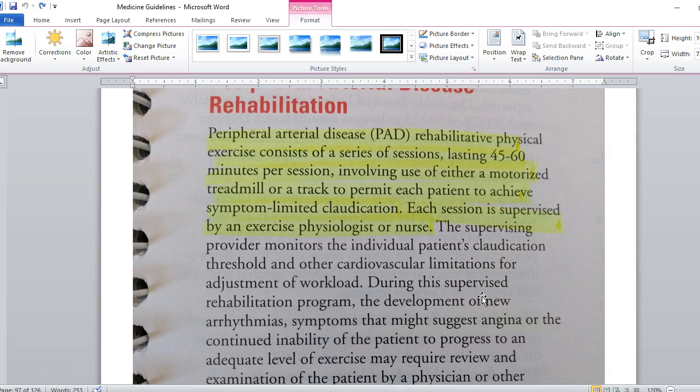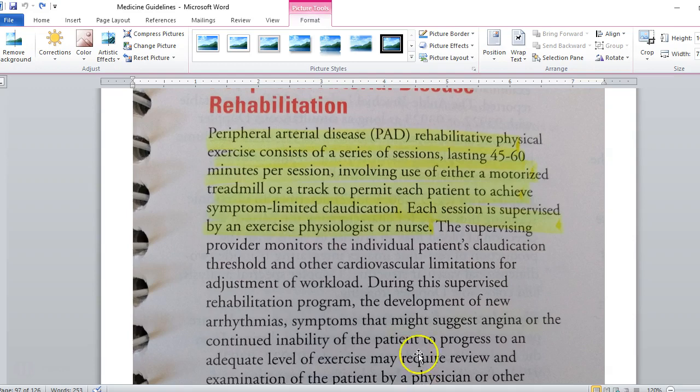PAD rehabilitative physical exercise consists of a series of sessions lasting 45 to 60 minutes per session, involving use of either a motorized treadmill or a track to permit each patient to achieve symptom-limited claudication. Each session is supervised by an exercise physiologist or a nurse.